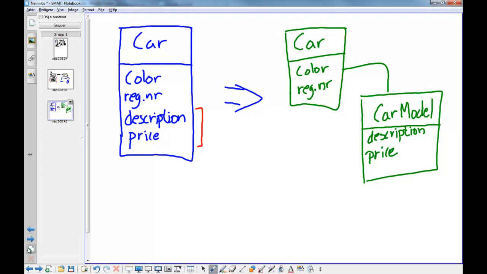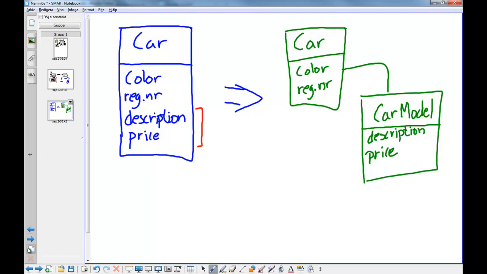So you could think about this as, at the car dealer, you can take a look at cars, and you see the actual cars, their color and their registration number. But you can also take a little paper that describes the model, that describes the price and whatnot. So instead of writing this information on each and every car, they have a separate concept for that.